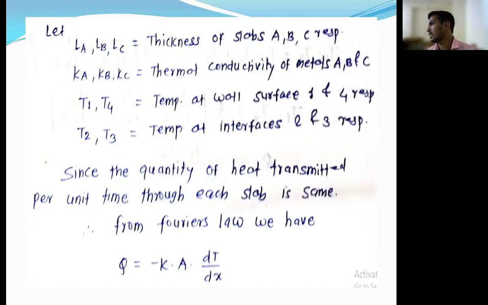Okay, so after that we have to write down from Fourier's law. What is our standard equation? Q is equal to minus K into A into dT by dx.